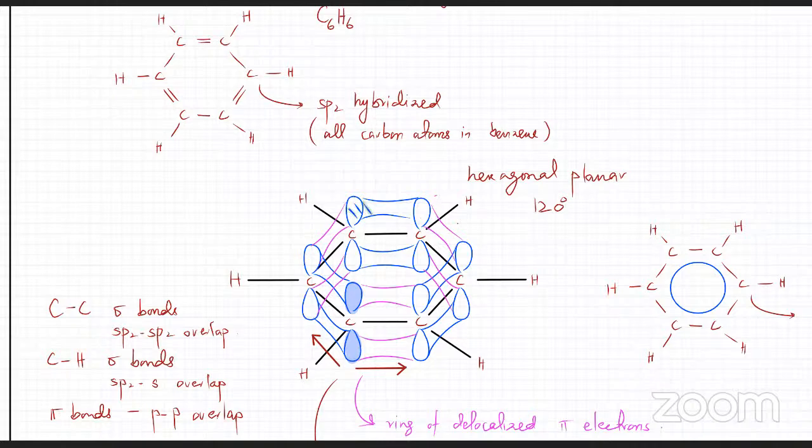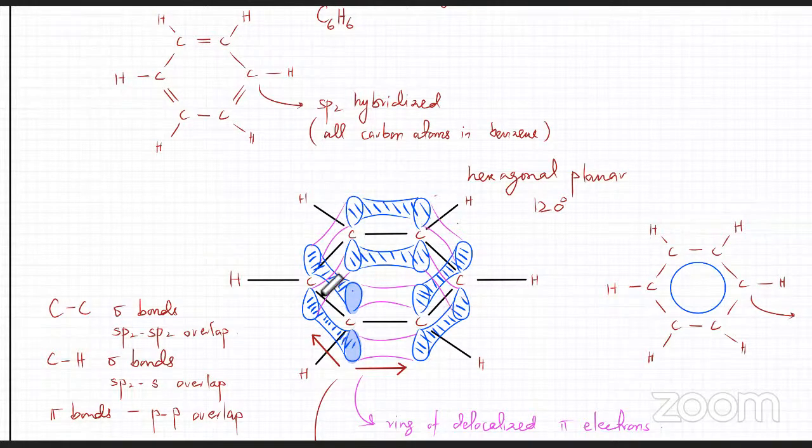The blue orbitals might overlap, and they would form a pi bond. They would overlap above and below, and that's how pi bonds are normally formed. A pi bond could be formed over here, and a pi bond over here.